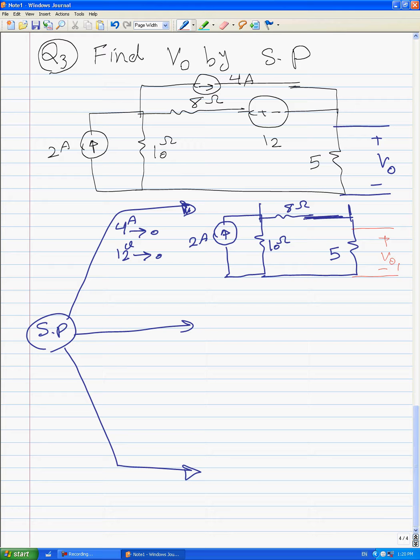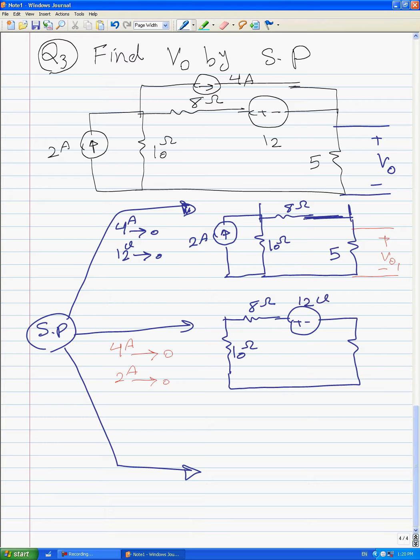In the second part, again 4 amps should be 0 and 2 amps should be 0, and we are only considering 12 volts. The circuit should be like this. 10 ohms here, 8 ohms here, 12 volts here, and 5 ohms here.